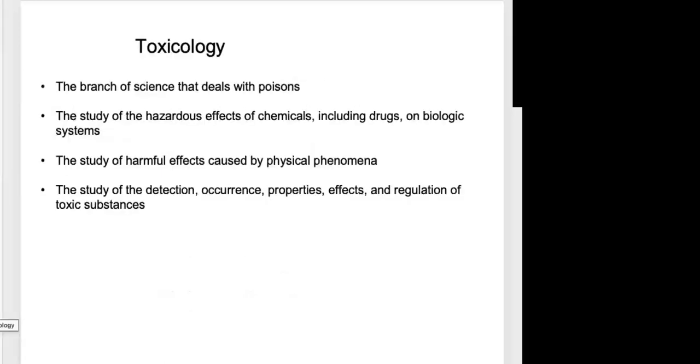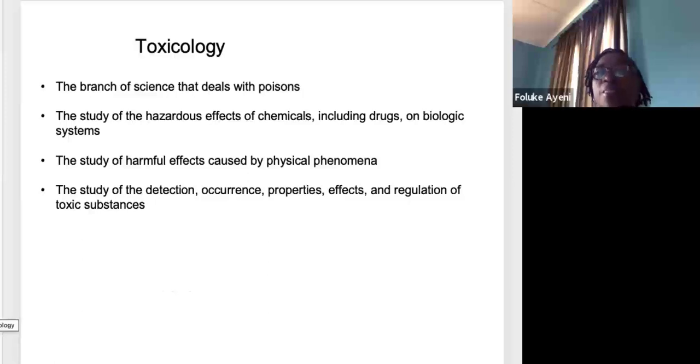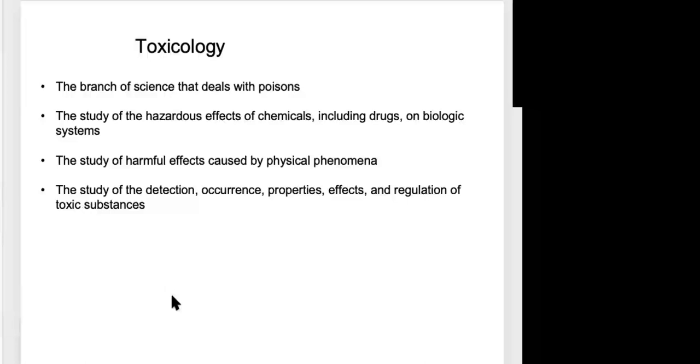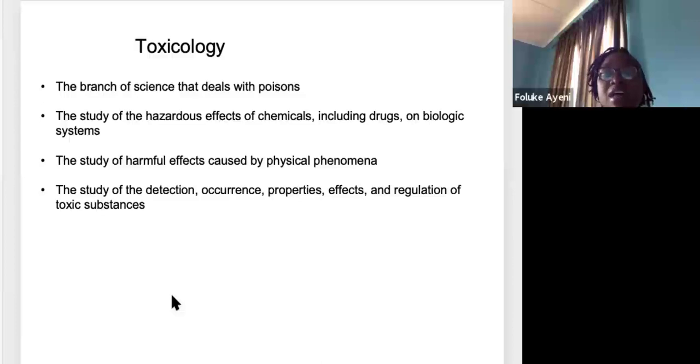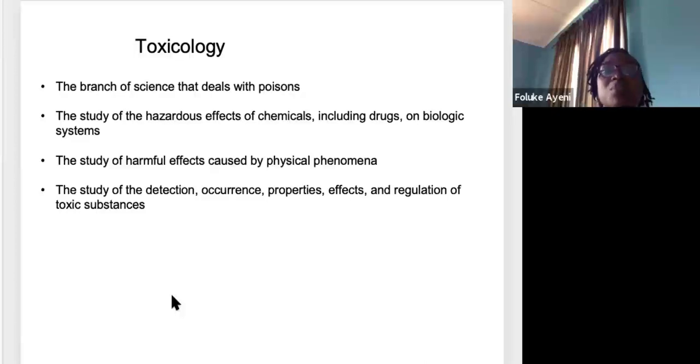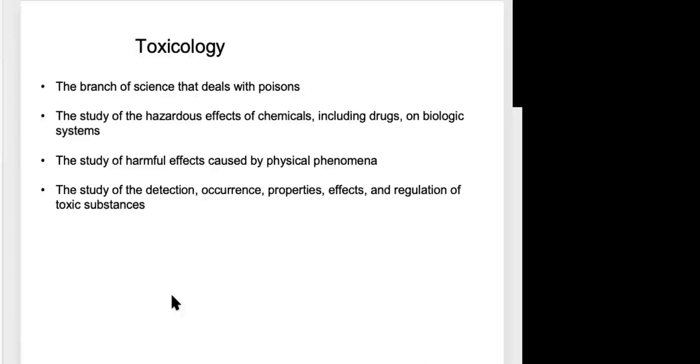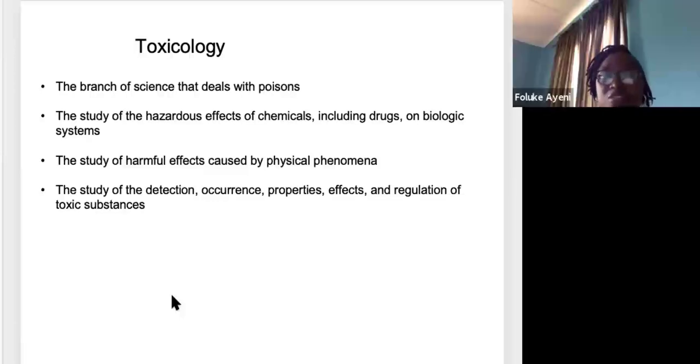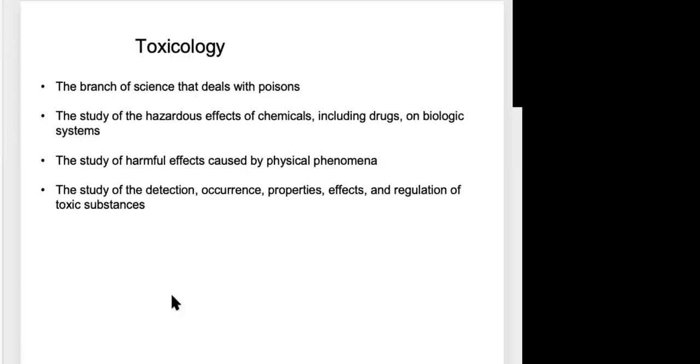Now, as a way of definition, toxicology can be defined in many different ways, depending on the angle it is being looked at from. You can say that toxicology is the branch of science that deals with poisons. That is because before you can talk about toxicology, you have to talk about something that is causing the toxic effects, and in many cases, that thing is referred to as a poison.